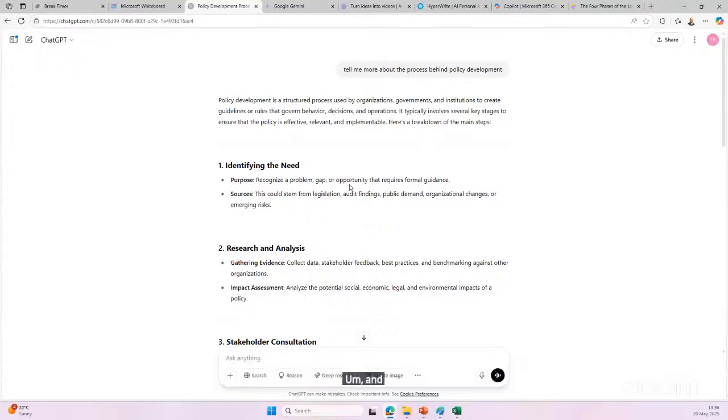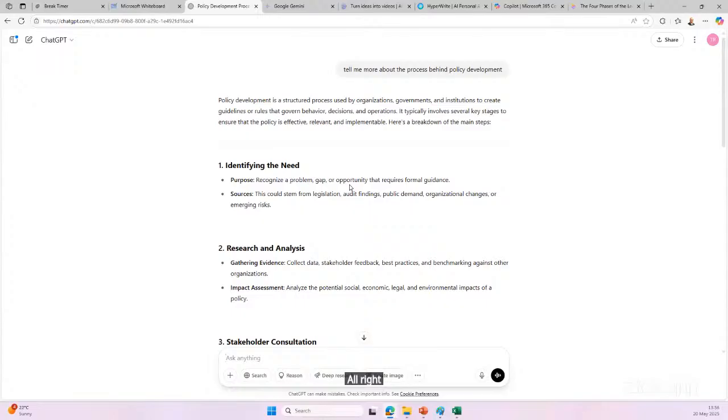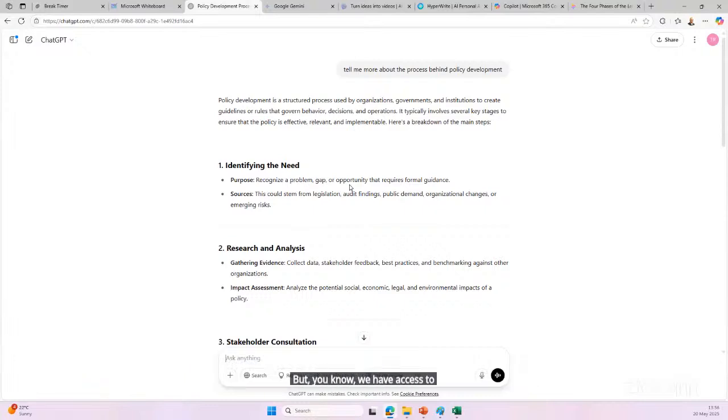And one of the attendees had to do a presentation, and they knew the content of the presentation, but the presentation was created by an AI system, right? So when they had the presentation open in front of them, they were able to walk through the presentation without any difficulty. But we have access to Copilots as well.